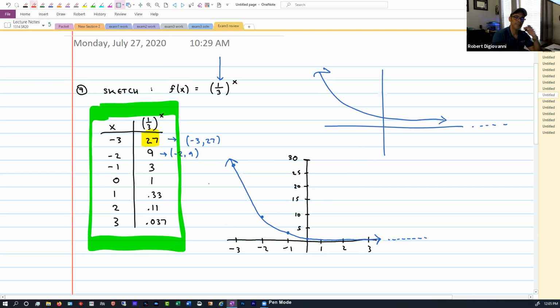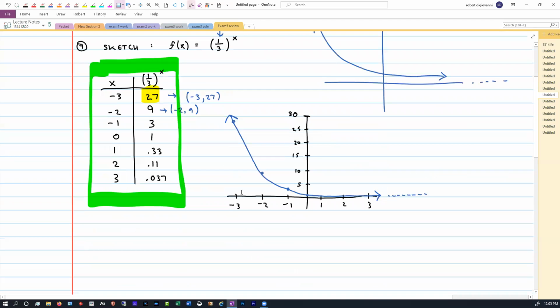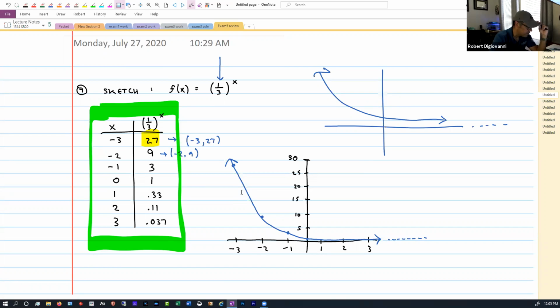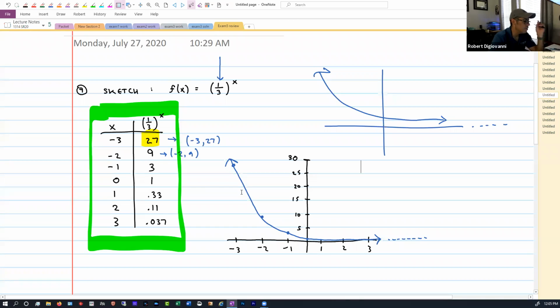Any questions there? Do you want us to, so like on the first one, it was like 1.75 to the third equals whatever. Do you want us to do that, or can we just do what you did in the second one, just put the numbers? Like you just put 27, 9, 3, 1.33. The other one you actually showed 1.75 raised to the third. Oh yeah, no, you don't need to actually show me.